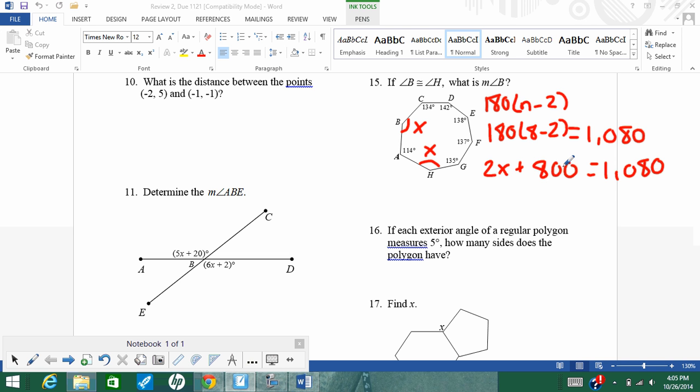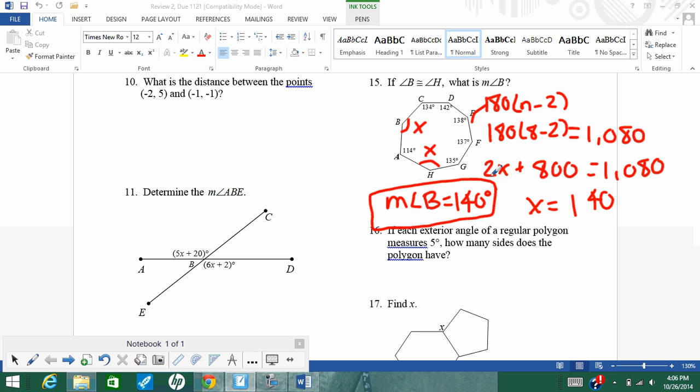I'm sorry, I want to do 1080 minus 800 is 280, and divide by 2 and get that x is 140 degrees. We're looking for angle B. We called it x. So that means the measure of angle B is 140 degrees. It also means that the measure of angle H is 140 degrees.